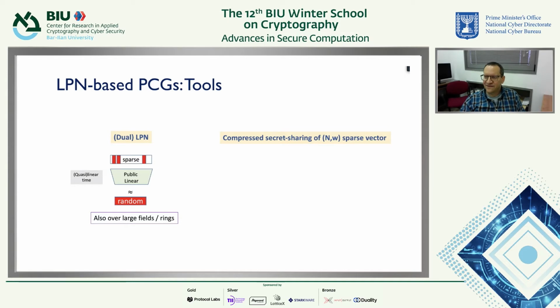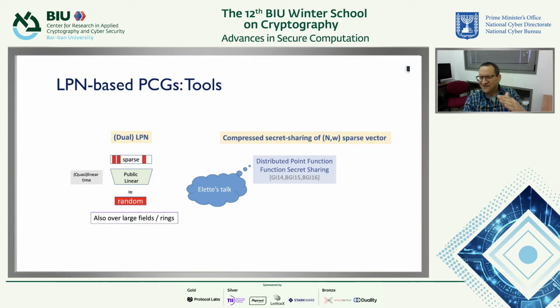that Elette described in her presentation, which is a compressed way of additively secret sharing a sparse vector. So if you look at the notion of a distributed point function, which is an instance of function secret sharing, you can think of it as, if you apply the eval function of the distributed point function on each input in the domain, then you get an additive secret sharing of a unit vector, a vector that is 1 in point alpha and 0 elsewhere.